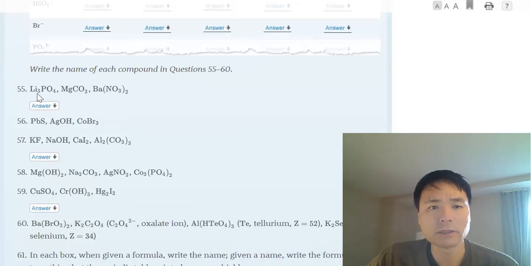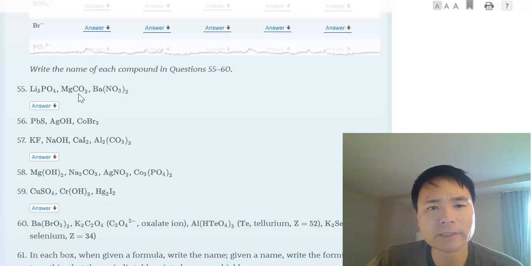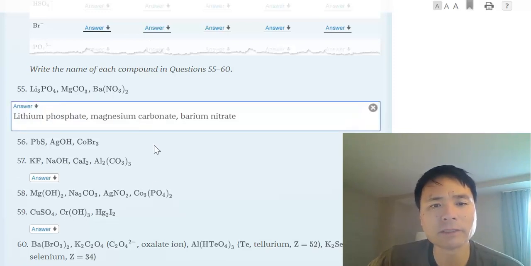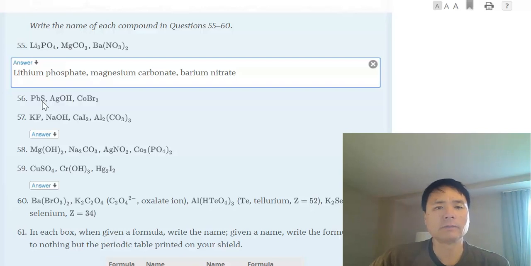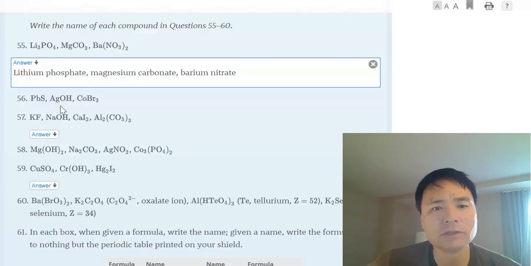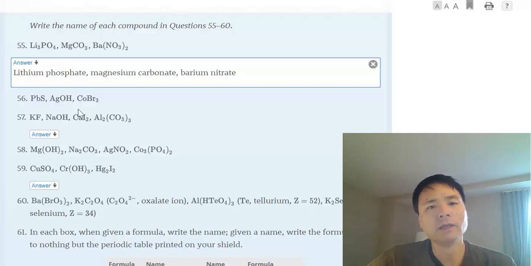Write the name. So this is lithium, this is phosphate, so lithium phosphate. This is magnesium ion, Mg2+. This would be magnesium carbonate. This is barium ion and nitrate, so it's barium nitrate. Okay, this is lead(II) ion and sulfide ion, S2-, lead(II) sulfide. Silver is fixed charge, +1, silver and the hydroxide, silver hydroxide.